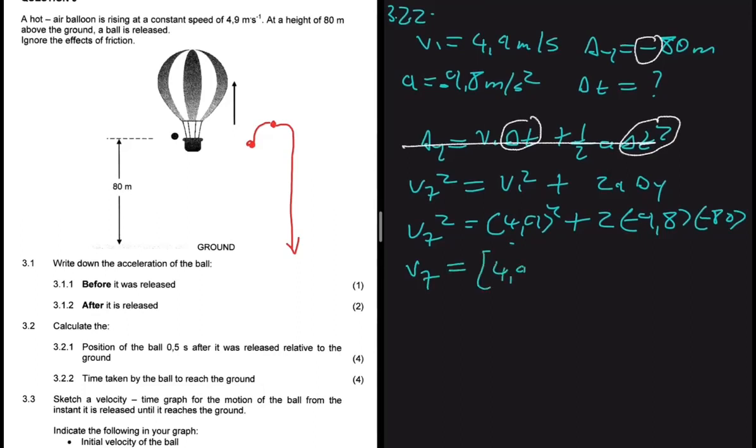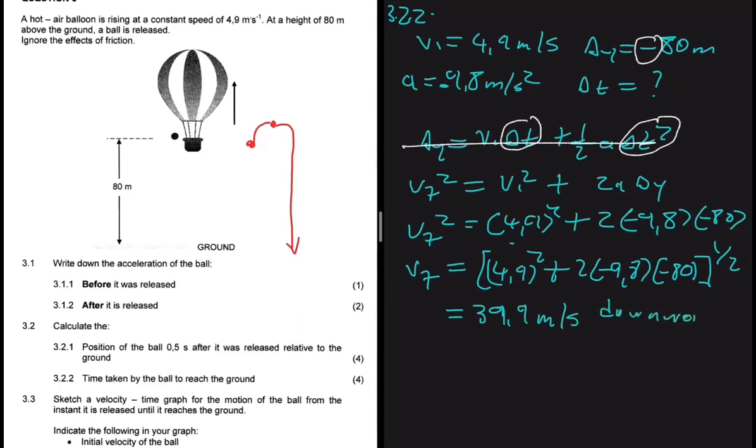So 4.9 squared plus 2 multiplied by minus 9.8 multiplied by minus 80, and then close bracket, everything to the power a half. That's the same as taking a square root. And then if you compute that, you're going to get 39.9 meters per second downwards. So if we are to use this value again, we have to put a negative sign. So now I have Vf.